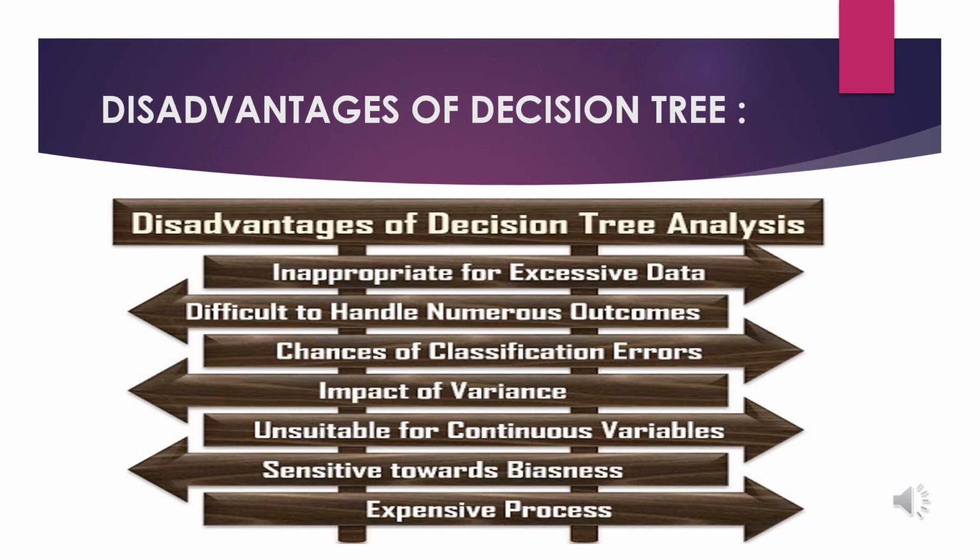Most importantly, if there are multiple possible results of every single decision, it becomes very hard to show every decision on a single decision tree. That is one of the most important disadvantages of the decision tree calculation.